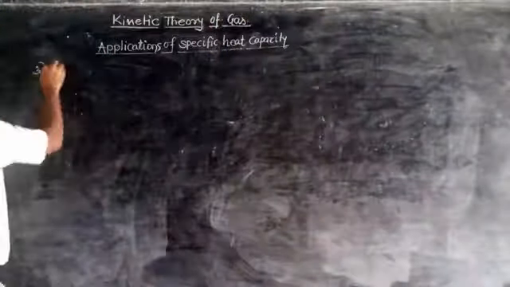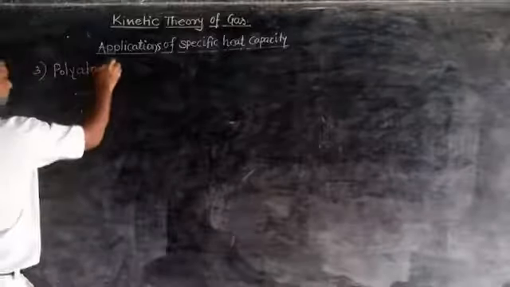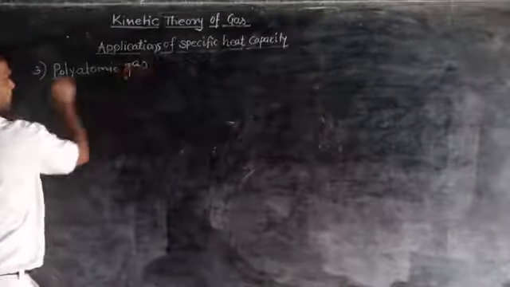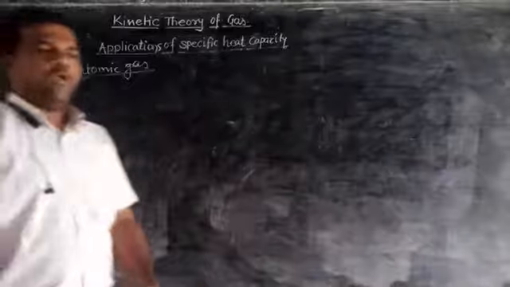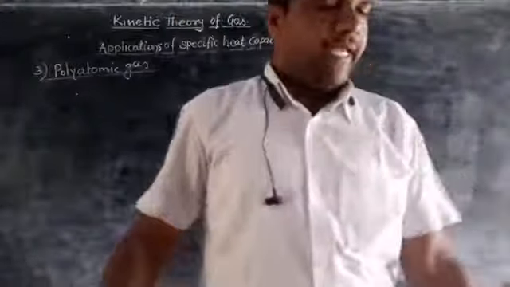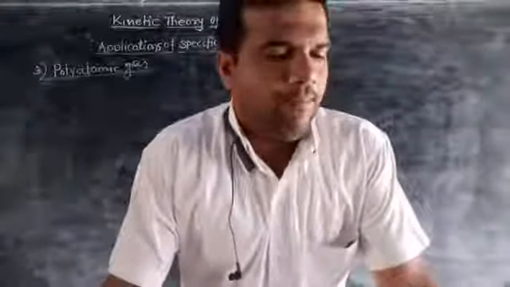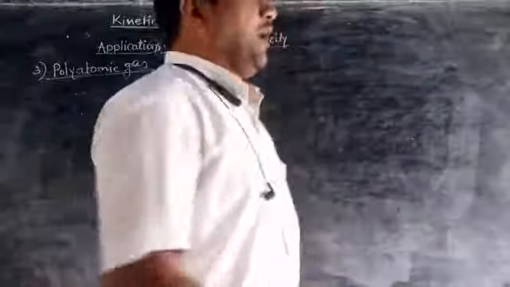That is polyatomic gases. Number 3, polyatomic gas. If we consider a polyatomic gas, then the gas has molecules containing more than 2 or 3 or 4 atoms, termed polyatomic gases.